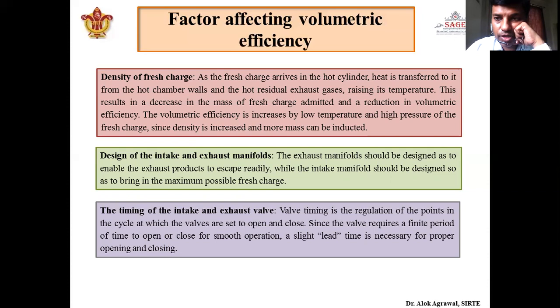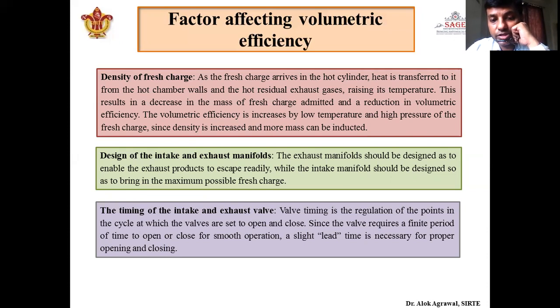So when we open the intake valve before TDC and close it after BDC, it plays a very important role in taking the maximum amount of fresh charge inside the combustion chamber, and we have seen that when the maximum amount of fresh charge gets inside the combustion chamber, volumetric efficiency increases.